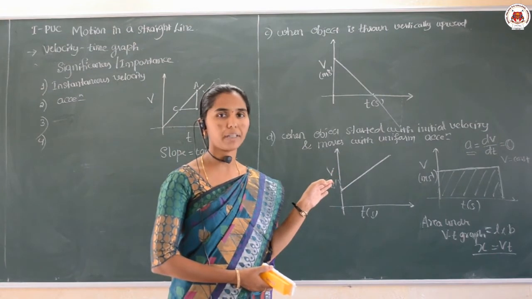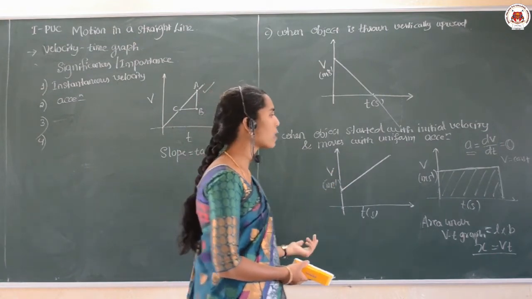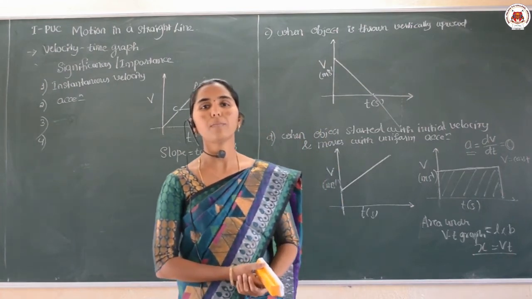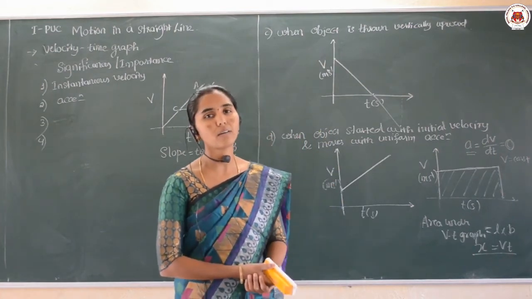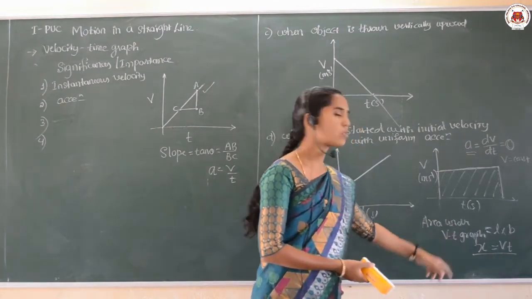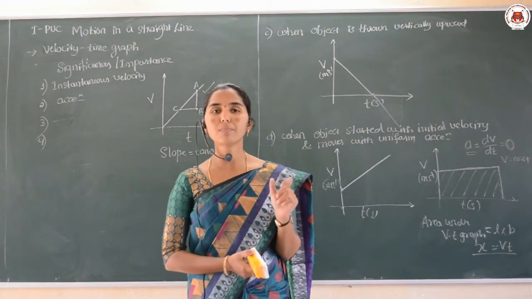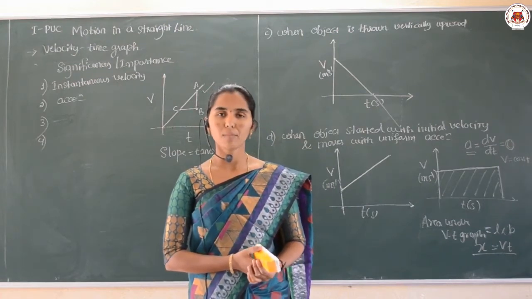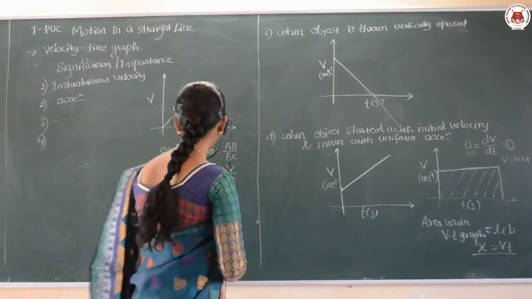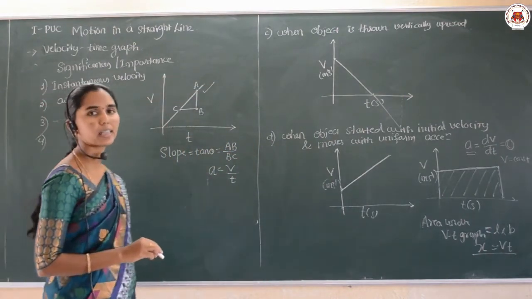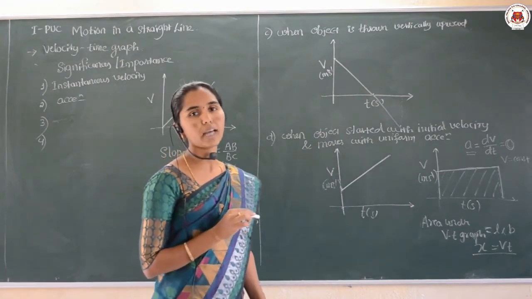And sometimes there may be a question, name the quantity obtained by the area covered under the VT graph. The displacement of the body at a given instant. Am I clear? Yes. So these are the other significances related to the velocity time graph.